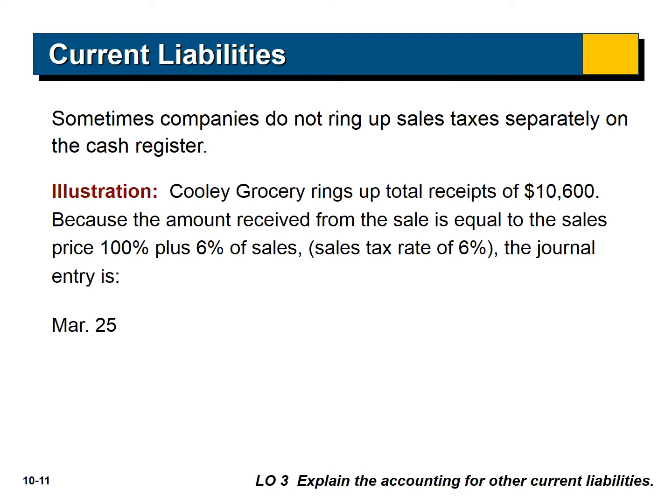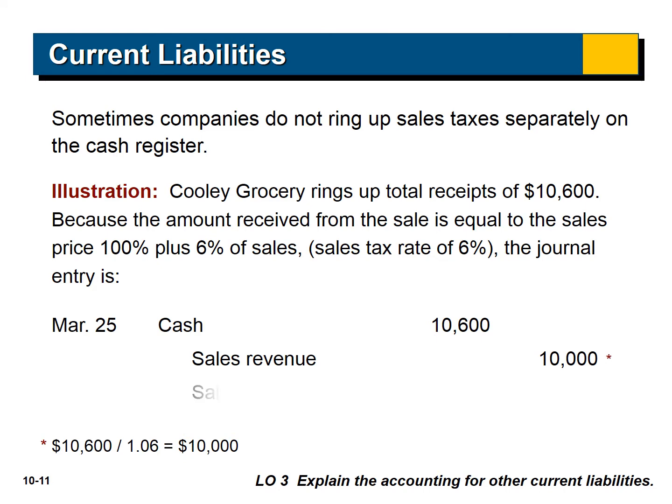Sometimes companies don't ring up sales tax separately on the cash register, meaning that they'll take the money from you but not necessarily have it separated out. So if they ring up total receipts of $10,600, because the amount received from the sale is equal to the sales price 100% plus 6% of sales, then the journal entry is the same as we made, but you have to compute the revenue.